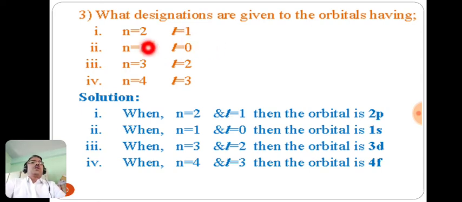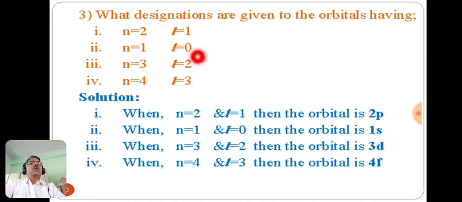We know that n equals 2 indicates the main energy level, and when L equals 0 that is the s orbital, L equals 1 means p, and L equals 2 is d. So when n equals 2 and L is 1, that is p, and it is denoted by 2p.